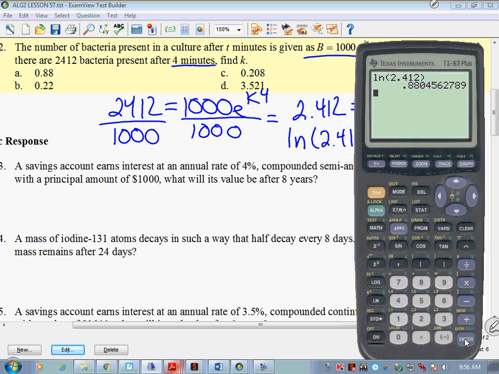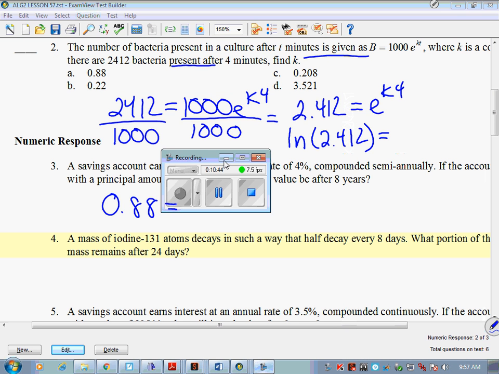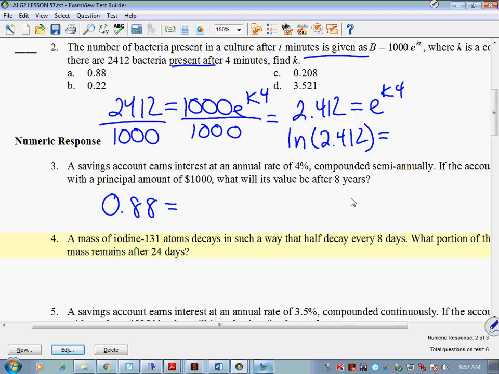That gives me an answer of 0.88. So 0.88 is equal here. All right, so what we're saying is that 0.88 equals the exponent k times 4.